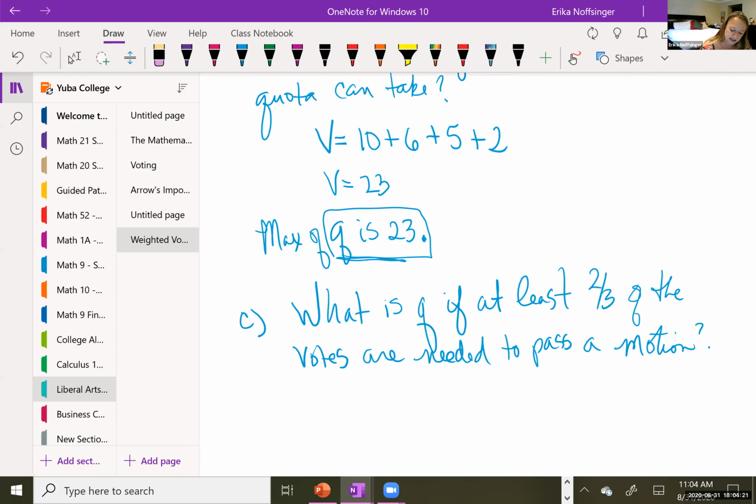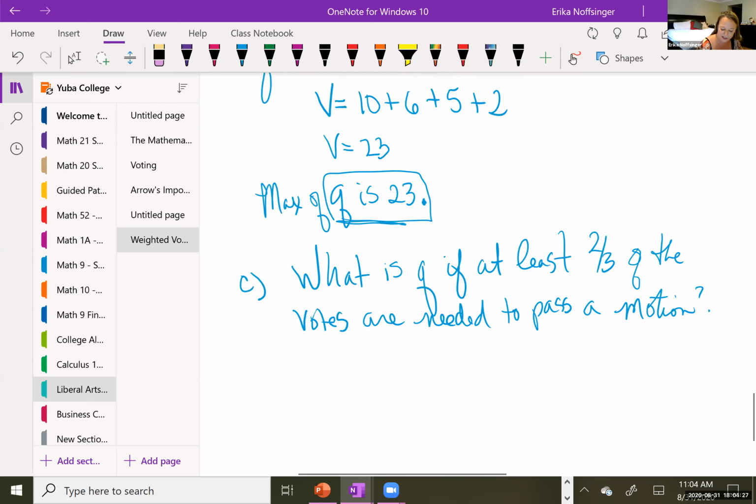And so we need 2/3 of 23. Multiplying 2/3 times 23, 3 doesn't go into 23 evenly, so I'm just going to multiply straight across. 2 times 23 is 46. 46 divided by 3.